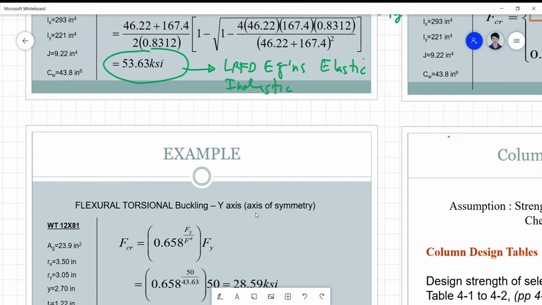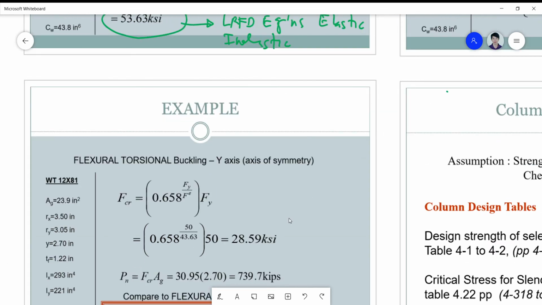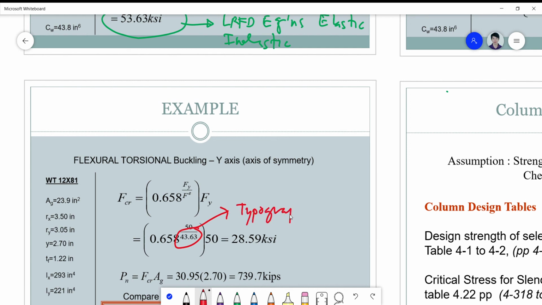I think there's only an error on the typographical. No? So, please check this. I think this is a typographical error. Okay? So, kung hindi ito yung mali, baka ito yung mali, no? Pagka-type.